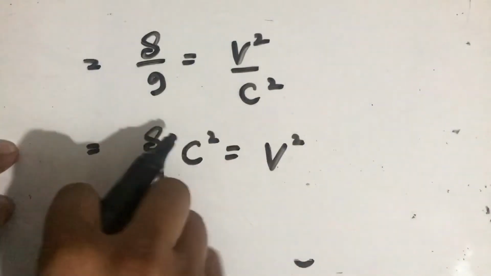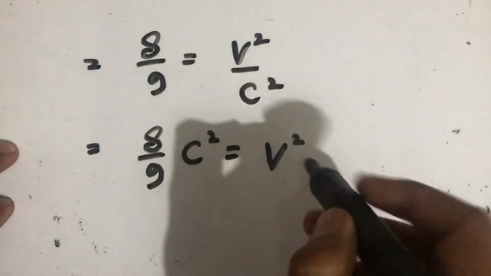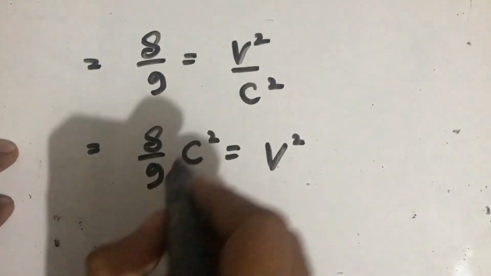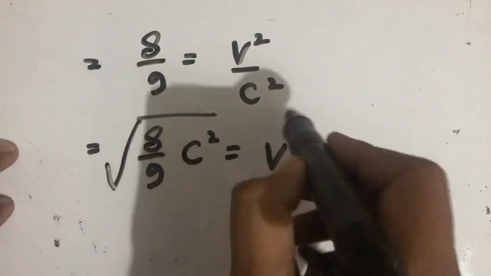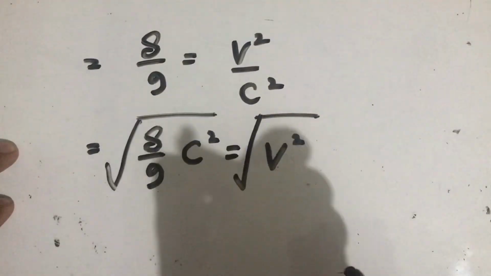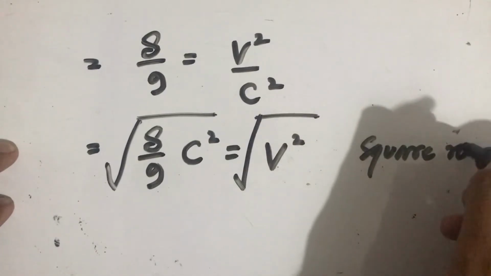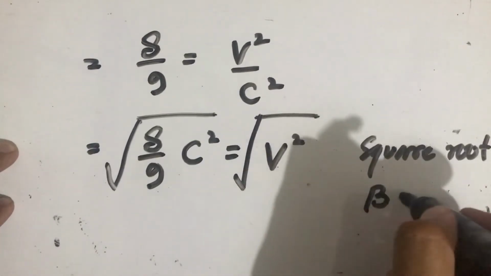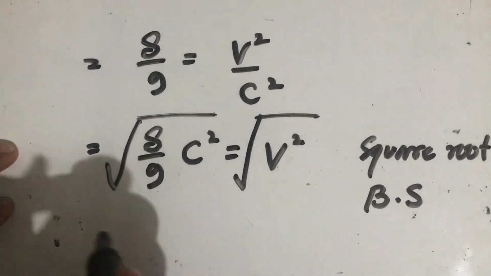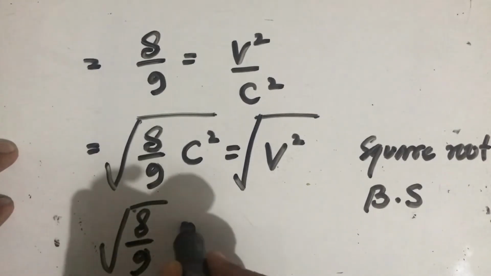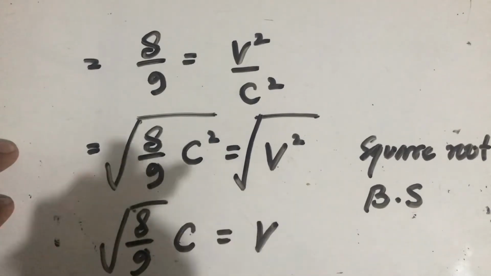Now just taking the square root on both sides to eliminate the square sign. Now we have the root of 8/9 times c, which is equal to v.